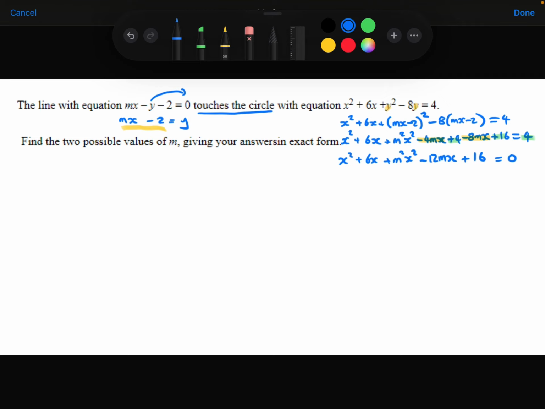Right, now in order for me to consider the discriminant of this equation, I'd like it to be in the form of ax squared plus bx plus c. So first thing I'm going to do is group up the x squared terms together at the front.